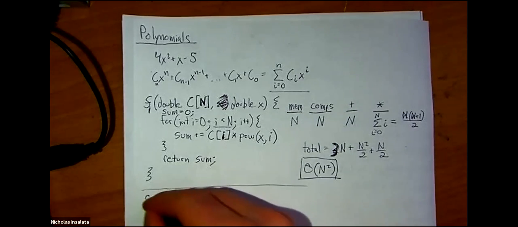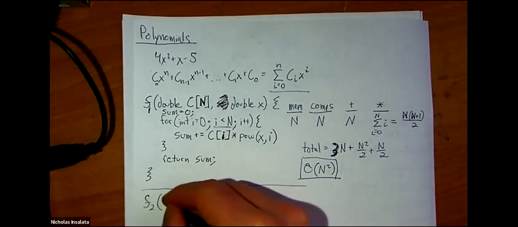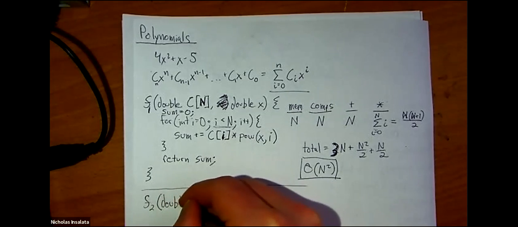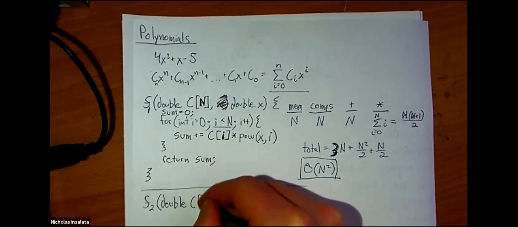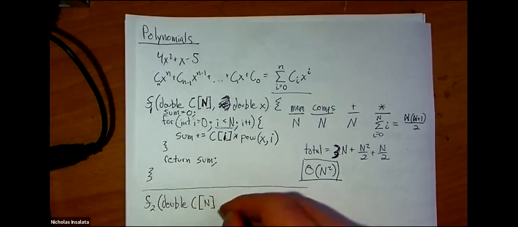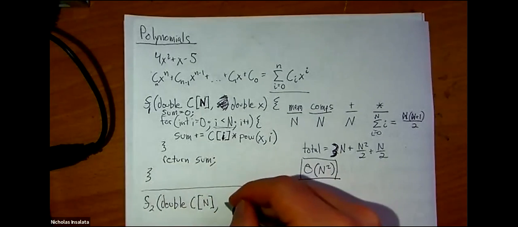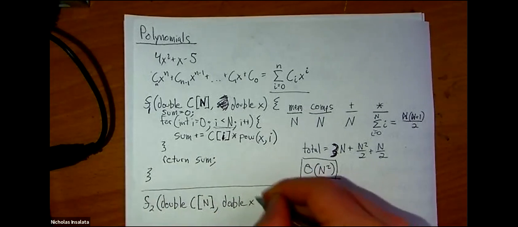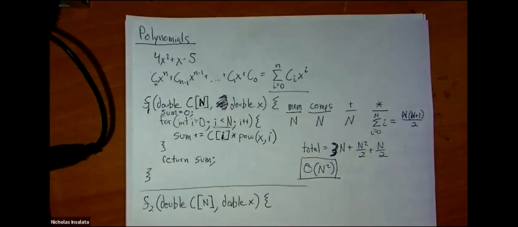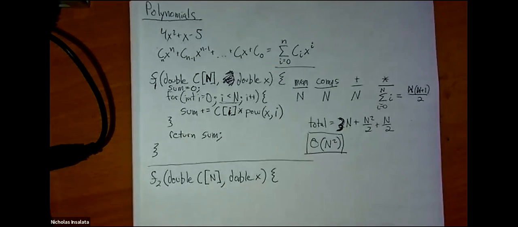Here's f2. It's going to take the same arguments: double array, which has n items in it, called c for the coefficients, and double x. Okay, so we want to have another variable other than the sum.